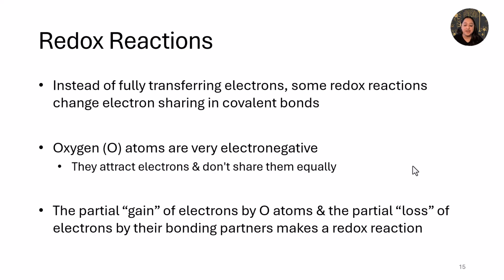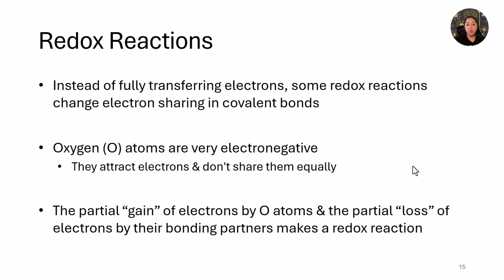Okay, and then in some cases, instead of fully transferring electrons, some redox reactions change electron sharing in the covalent bonds. So maybe the electrons aren't totally stolen, it just adjusts how they're shared. Thinking back to that chemistry lecture, there are nonpolar covalent bonds, where things are shared equally.